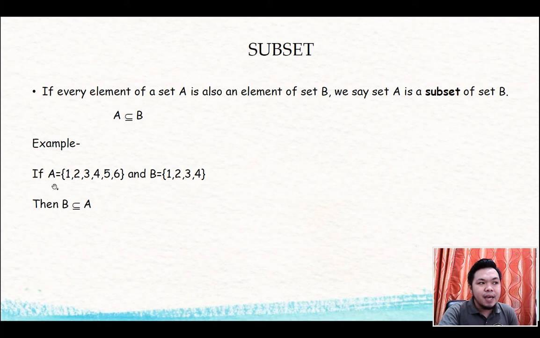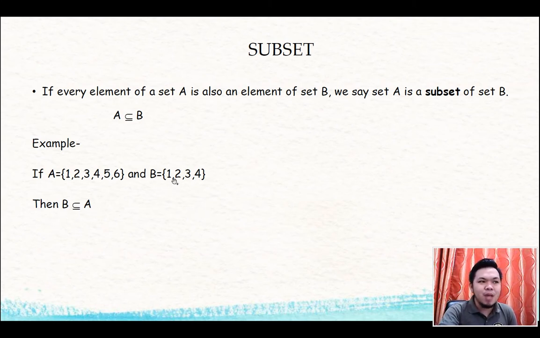If A is equal to 1, 2, 3, 4, 5, 6, and B is equal to 1, 2, 3, 4, pag sinulat natin yan, then B is a subset of A. Sir, bakit po naging subset si B ni set A?